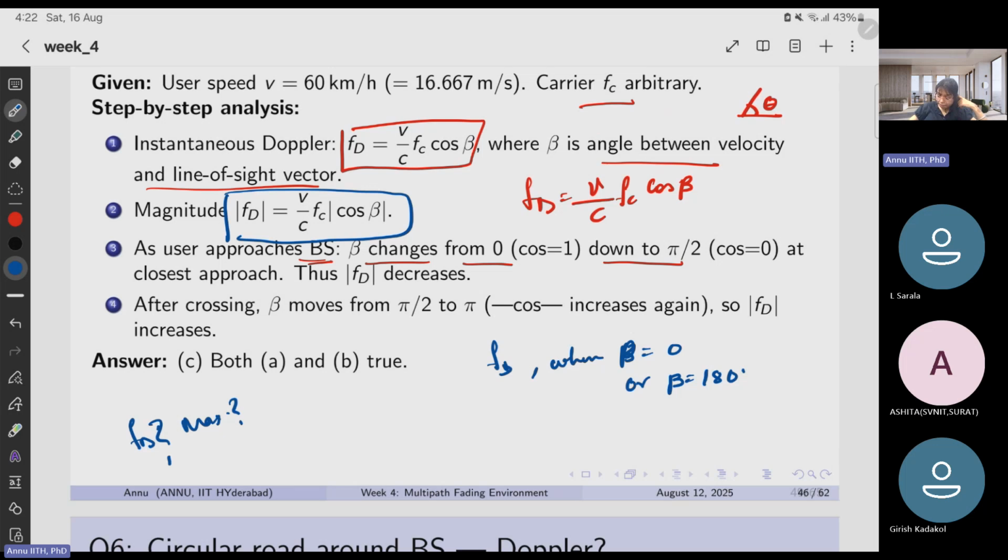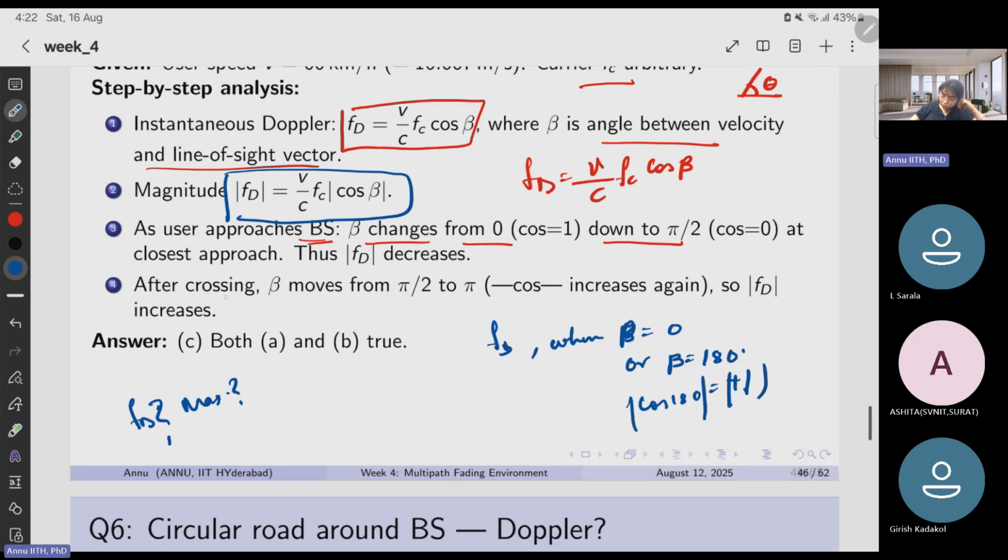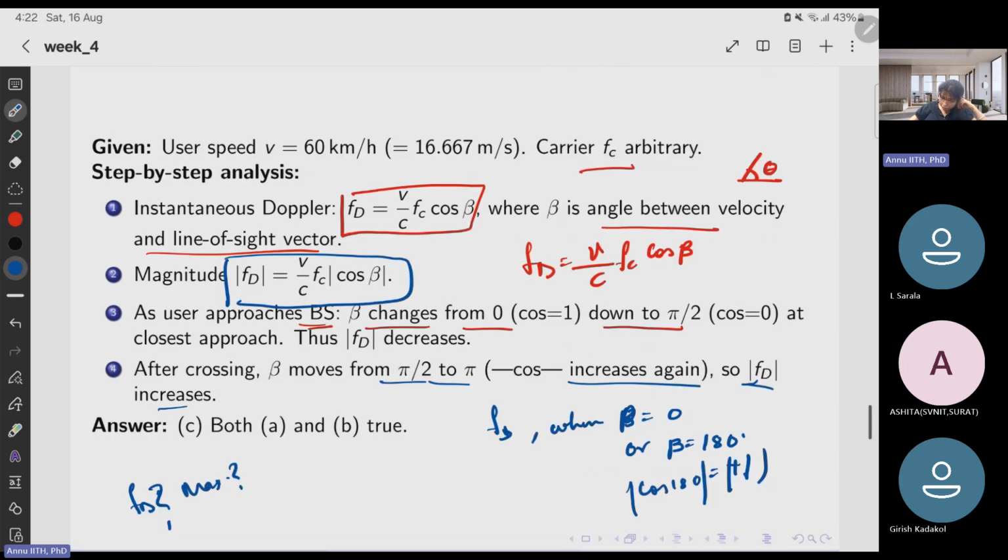Since it is magnitude, cos of 180 degrees is also plus 1. Basically it is minus 1, but it is magnitude, so it is plus 1. After crossing, beta moves from pi by 2 to pi, which increases again. So FD increases.